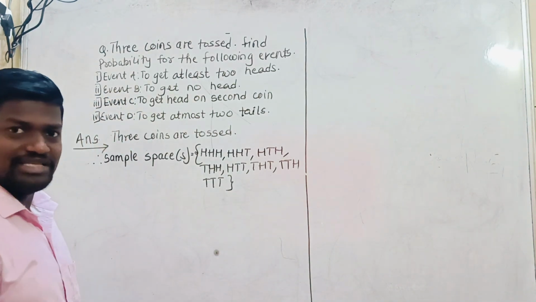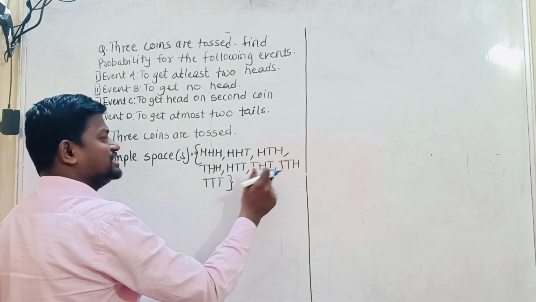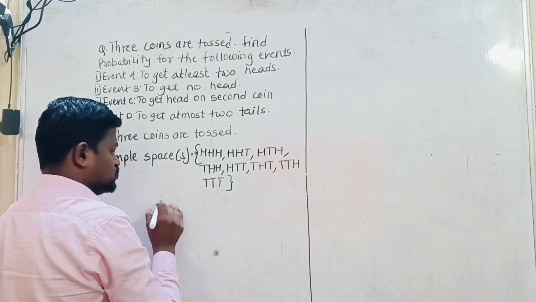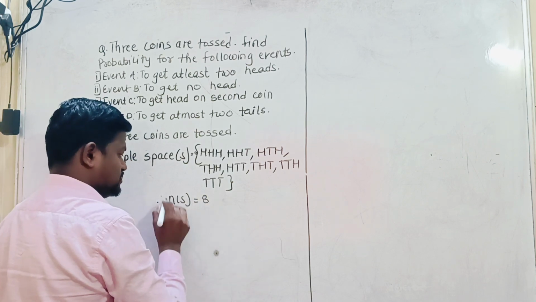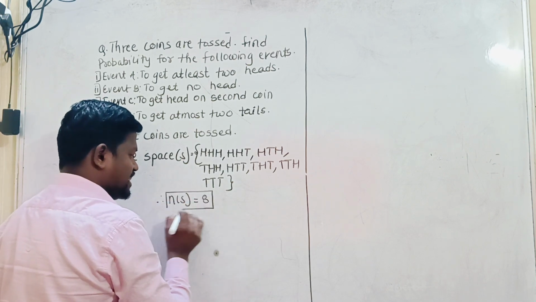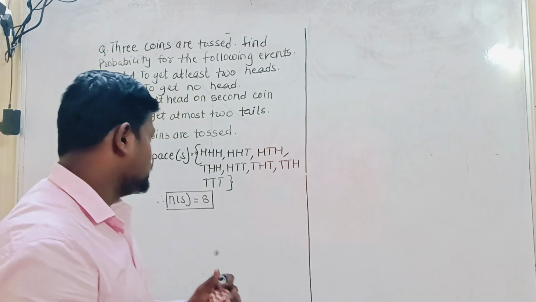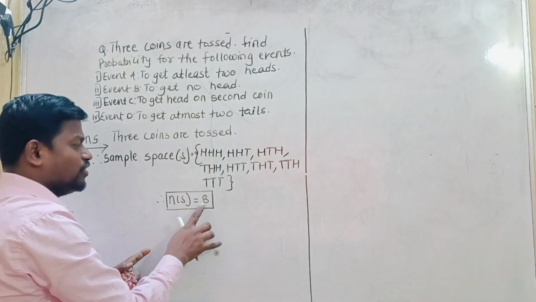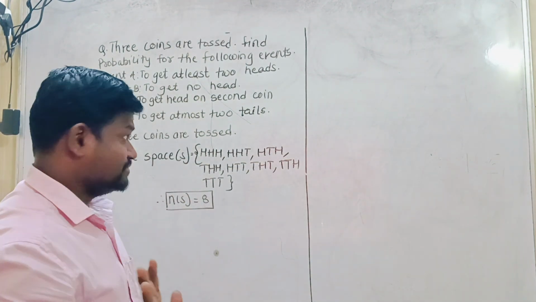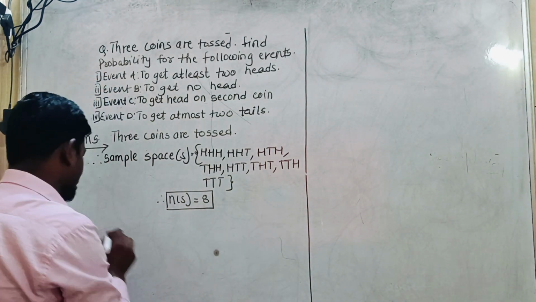Count the sample points: 1, 2, 3, 4, 5, 6, 7, 8. So the number of S, that is sample points, is 8. Keep in mind that when we toss three coins, the number of sample points is always 8. Okay, so let's start our events.